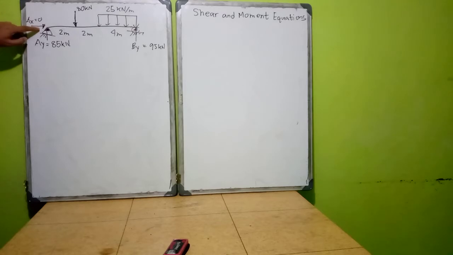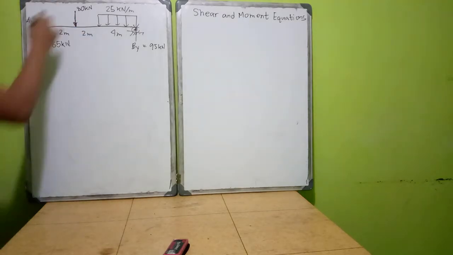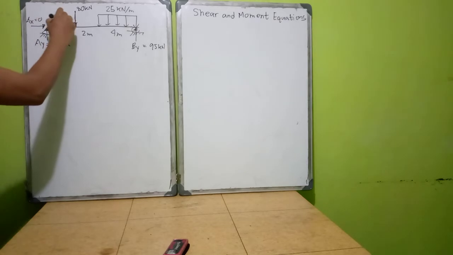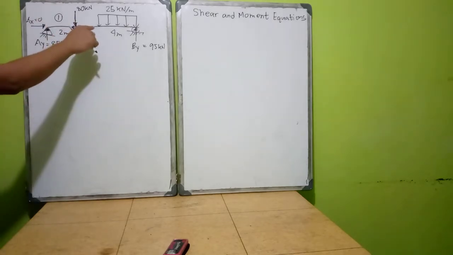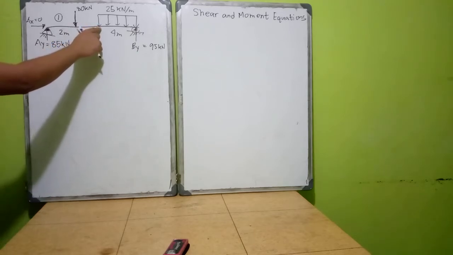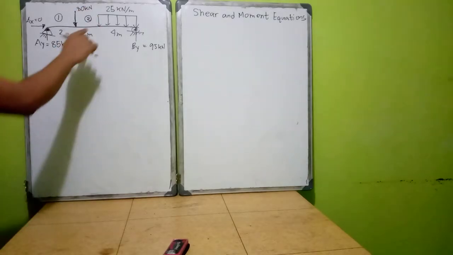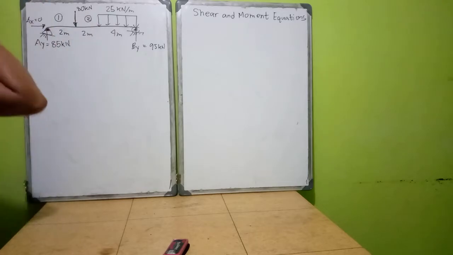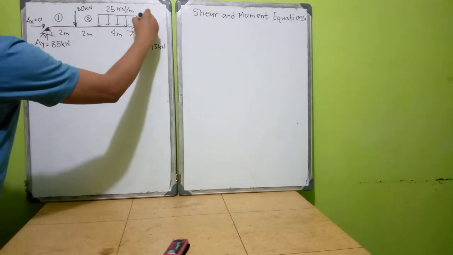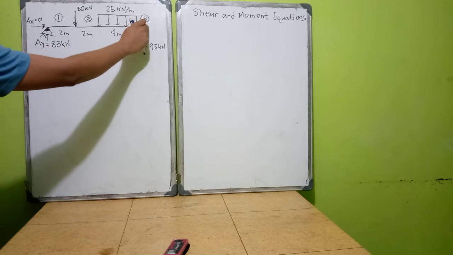Between this support and this point load, we take it as section 1. Between this 80 kilonewton force and this distributed load, we name it section 2. And along this distributed load, we say it is section 3.